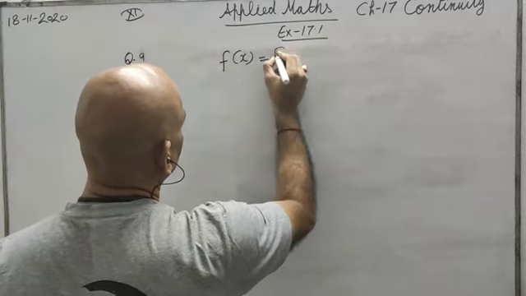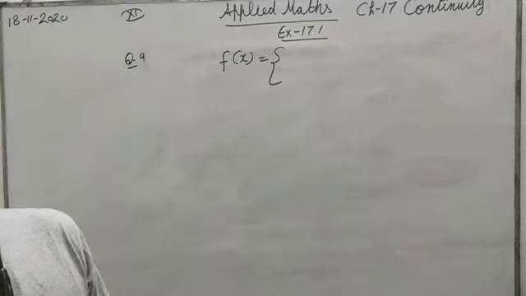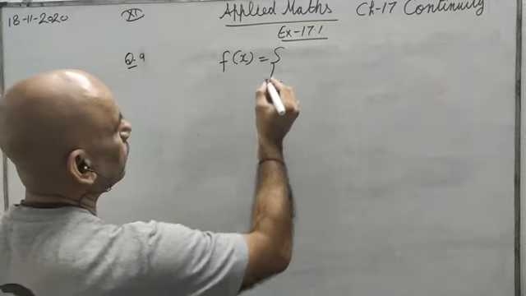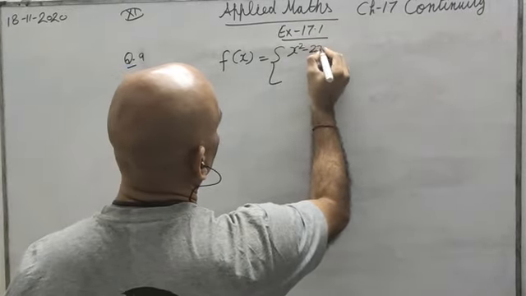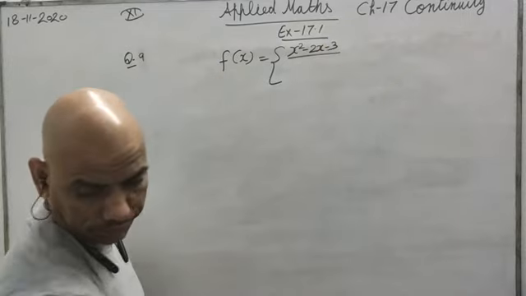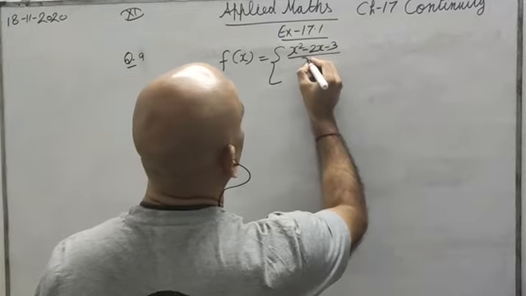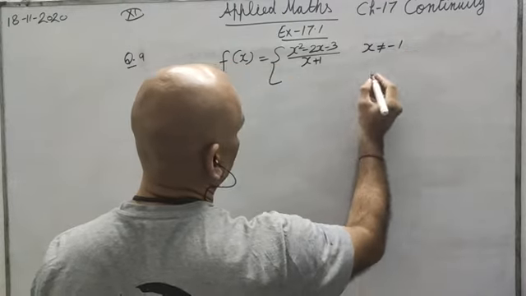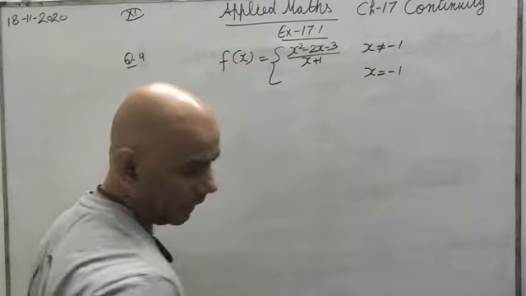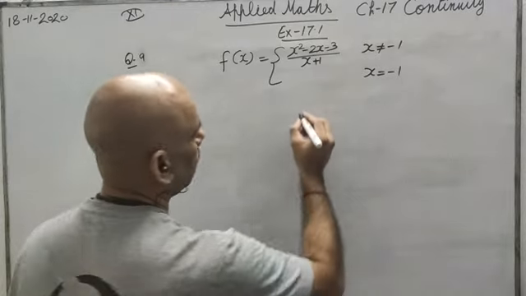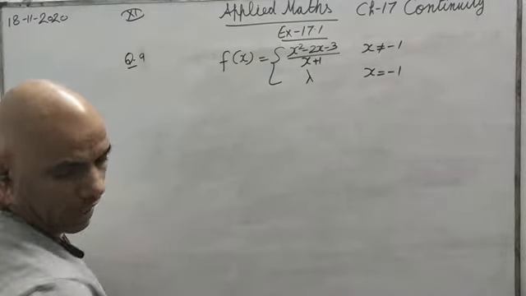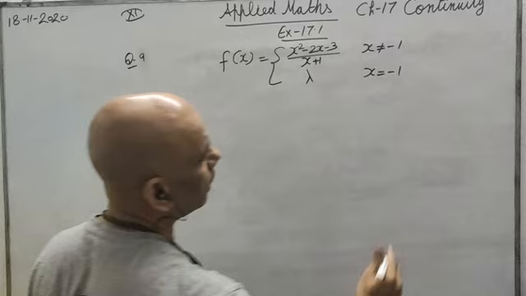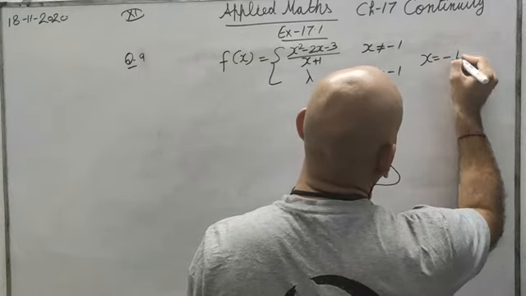The function is given as x square minus 2x minus 3 upon x plus 1 when x is not equal to minus 1, and when x is equal to minus 1, its value is given as lambda. And the function is continuous at x equals minus 1.